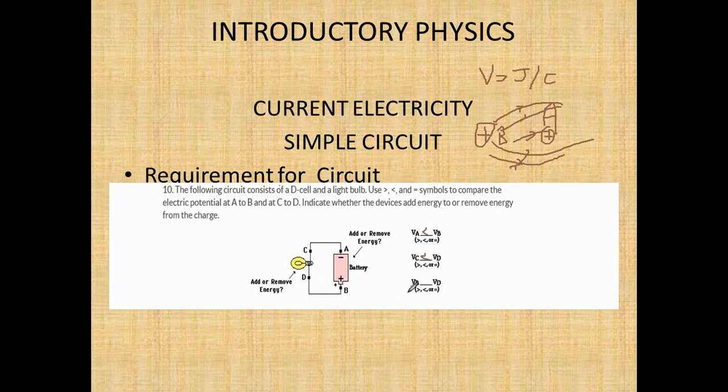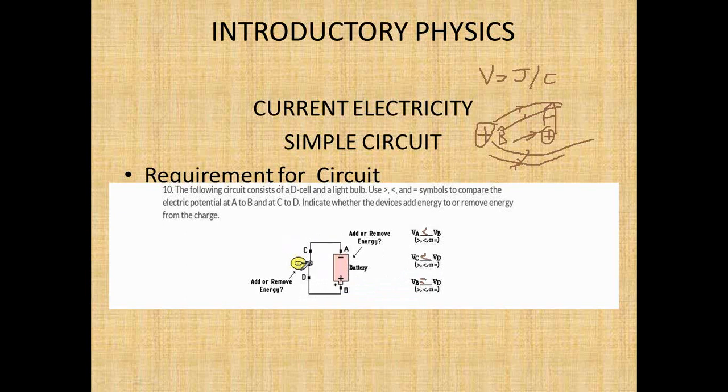And what about B and D? There is no circuit element between B and D. There's going to be a slight loss of electric energy, but not much. So they're going to be approximately equal, if you want to say equal, then that's fine. Because you don't have any circuit element between B and D, but between D and C, you have a light bulb.